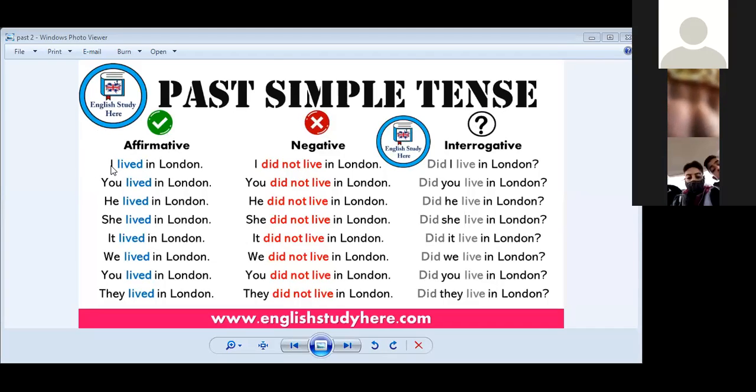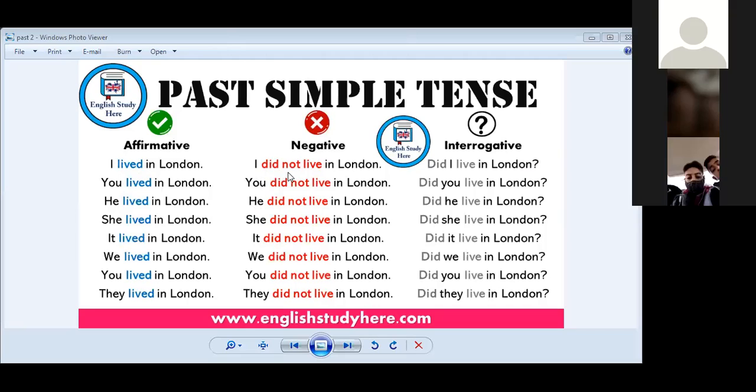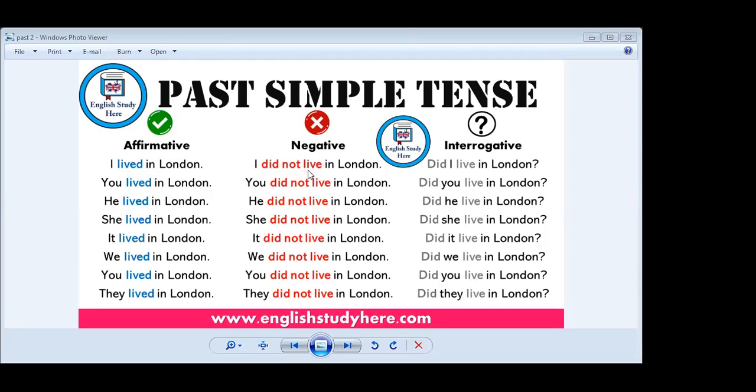I lived in London. Can you see? I lived in London. To make it negative, look, I didn't or did not live in London. Can you see? Here we have verb 2, but here we have the infinitive verb. Because why? Because we use didn't, so we use verb 1.